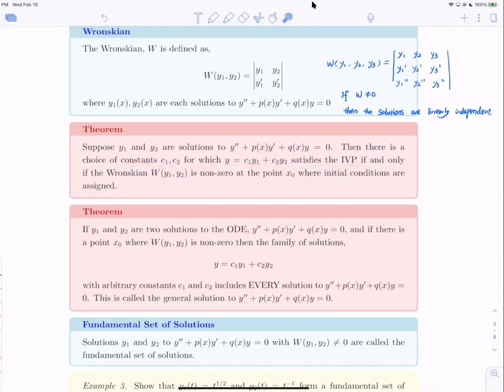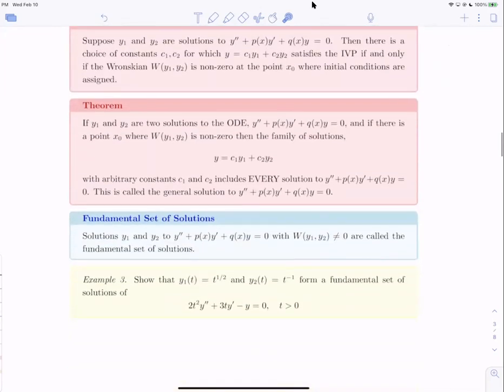And also, if there is a point x0 where this is non-zero, then y equals C1 y1 plus C2 y2 includes every solution of this. So if this is non-zero, then this is a family of solutions that includes every single solution of the ODE.